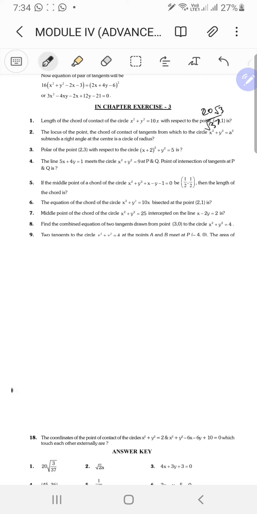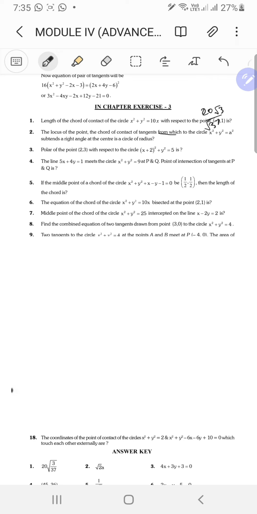The locus of the point from which the chord of contact of tangents to the circle x squared plus y squared equal to a squared subtends a right angle at the center is a circle of radius.